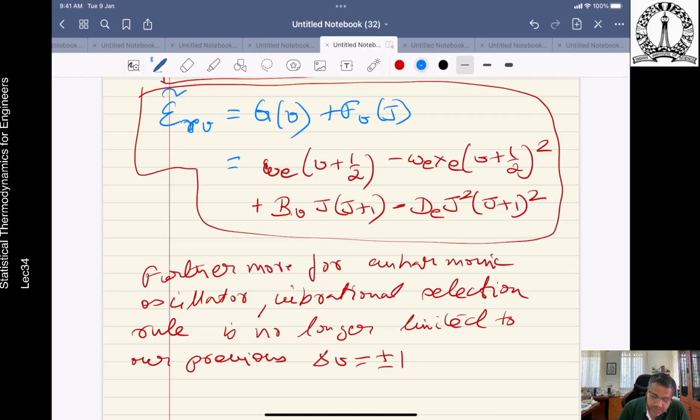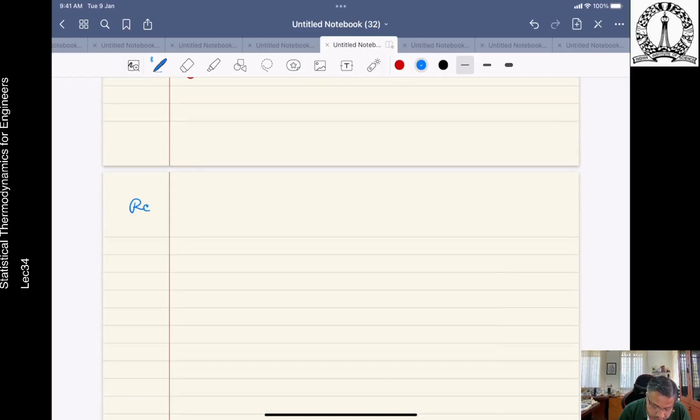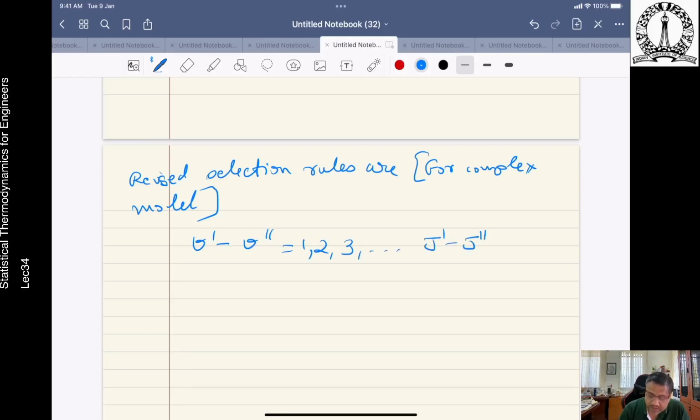In fact, we should now have some revised selection rules for the complex model. These will be V prime minus V double prime equal to 1, 2, 3, and J prime minus J double prime equal to plus or minus 1.